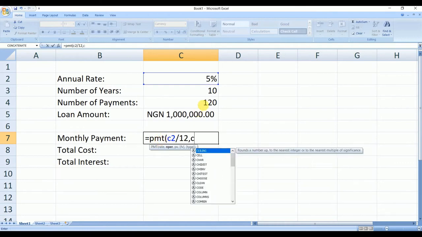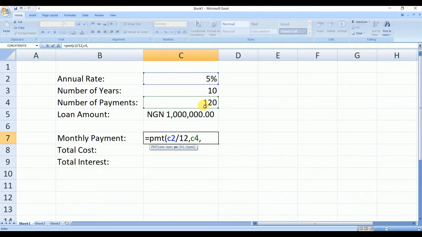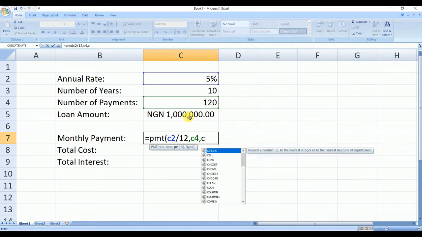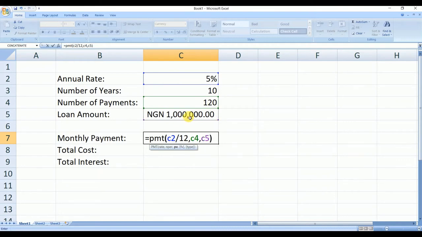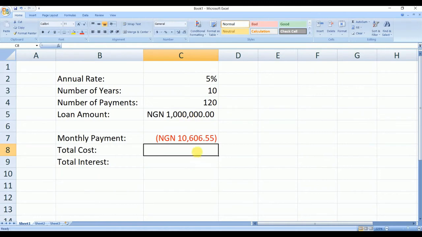So we type C4, and the present value of the loan is 1 million Naira, which is already shown here in cell C5. Close this and we'll press enter. So the system tells us that the value of a monthly payment will be 10,606 Naira 55 kobo.